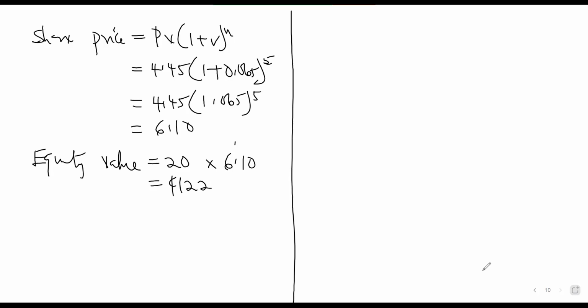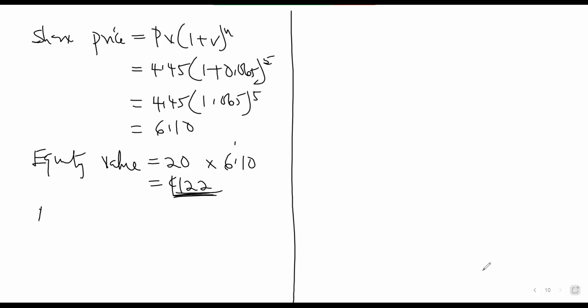They say the loan can be redeemed at par value, or you receive what? Equity shares. You ask yourself, what is the value of the equity shares you'll be receiving in the 5 years' time? It's 122. The par value that you're receiving in the 5 years' time is 100. So it means that the equity is higher than the par value. So you now decide to convert.